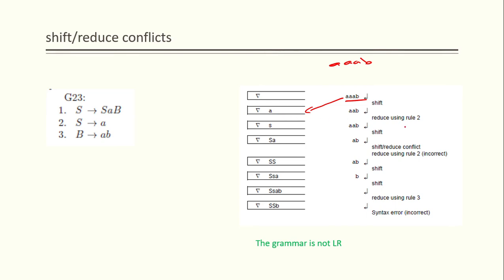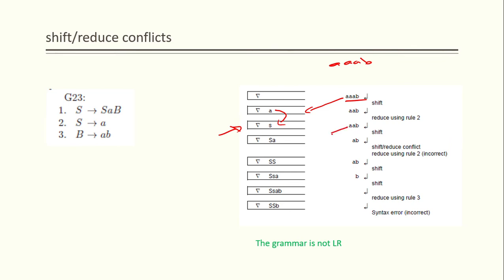So you reduce using rule number 2. Okay, done. So when you reduce, what does it mean? It is replacing the A with S, right? So you have S. Now we're already on the third stack. You need to check whether the right hand side has an S or not. No. If it's no, we cannot accept yet because we still have some more input string here.